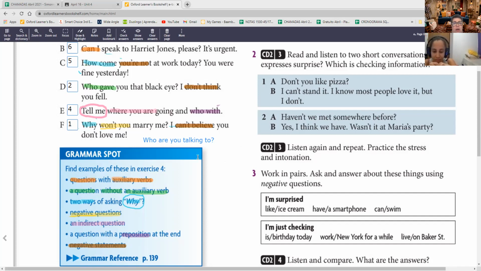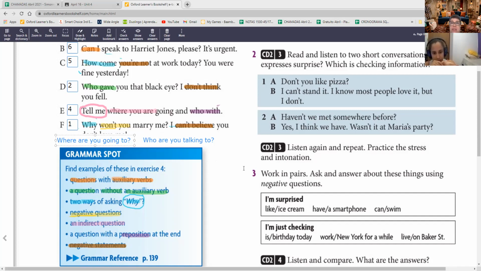Like the same thing with the verb to go. When we go to a place, we go somewhere, but it's usually the preposition to. So I can ask the following question: where are you going to? Of course, I could also ask, where are you?